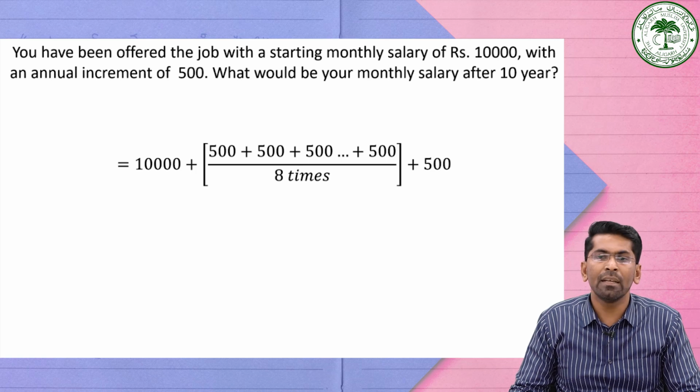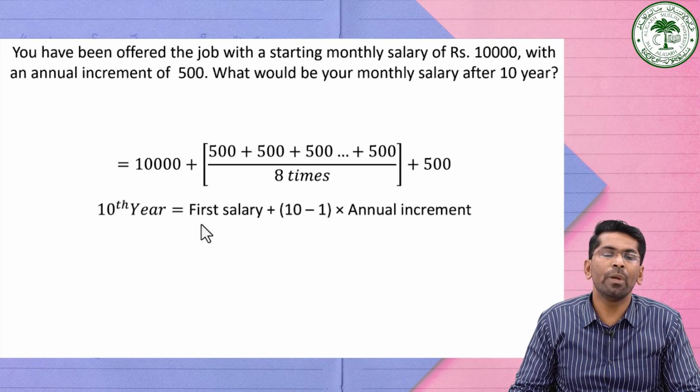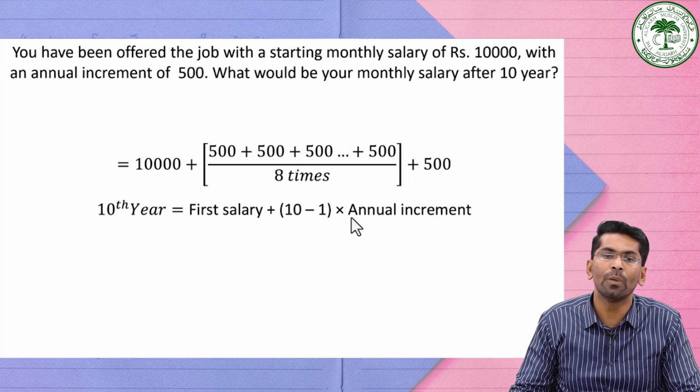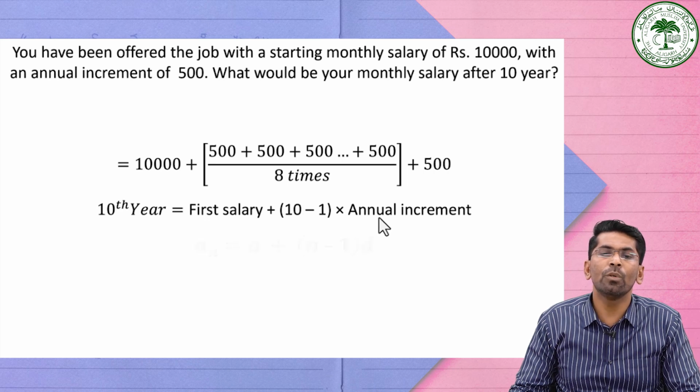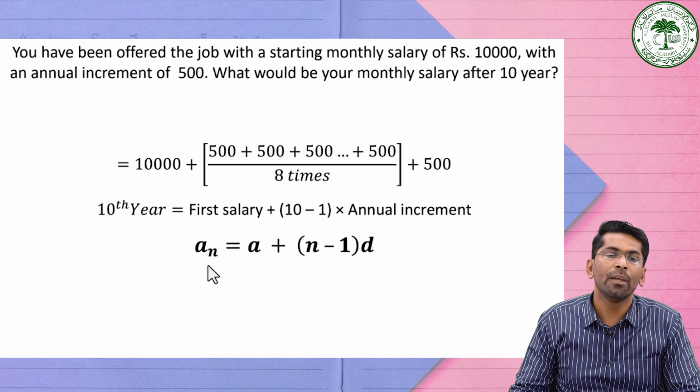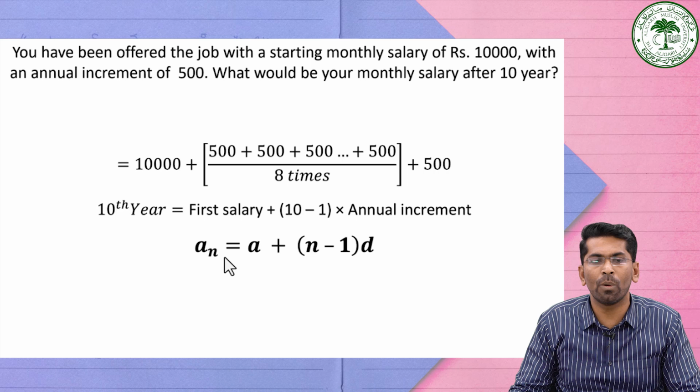So for the 10th year, we are generally doing the first year salary plus 10 minus 1, that is 9, into the annual increment. That means we can easily find it by using an equation, which is generally known as the nth term of an arithmetic progression, that is an equal to a plus n minus 1 into d.